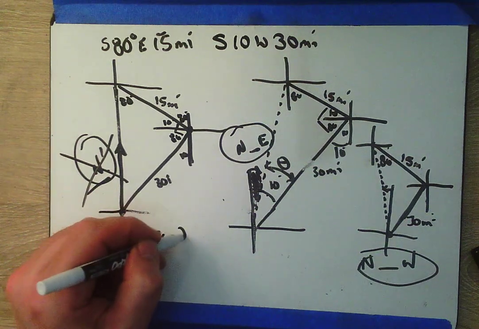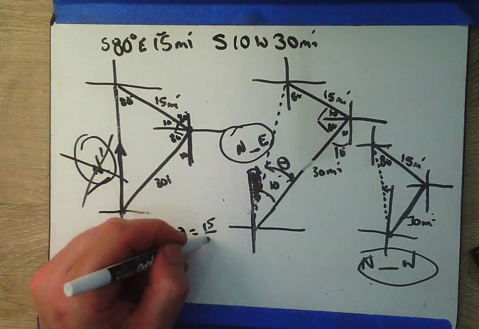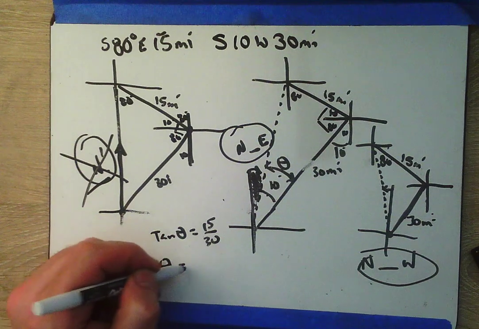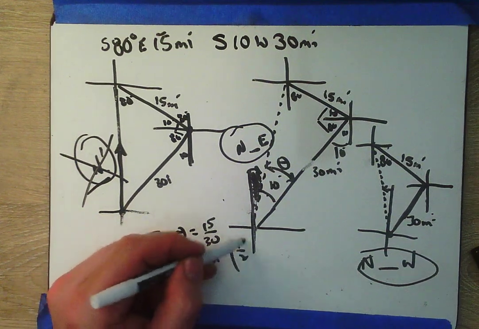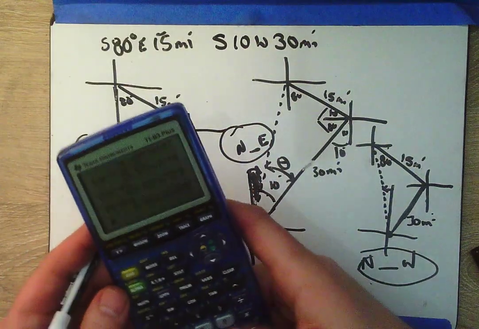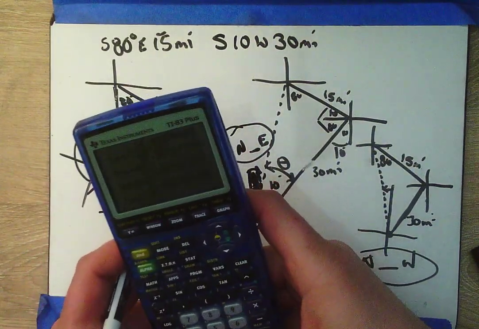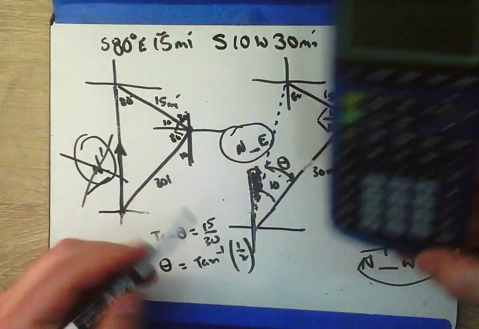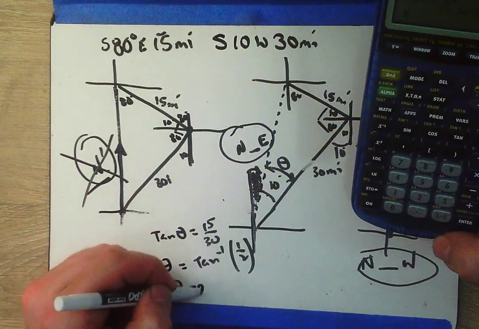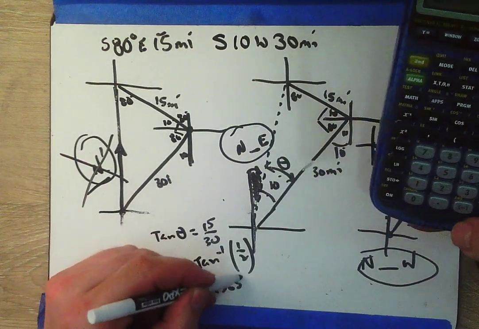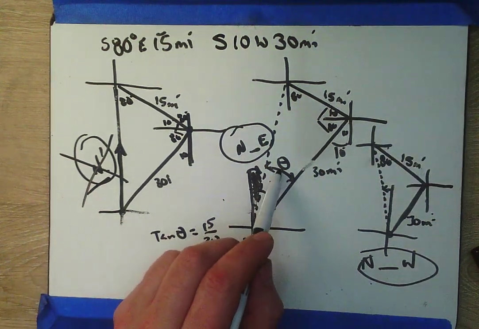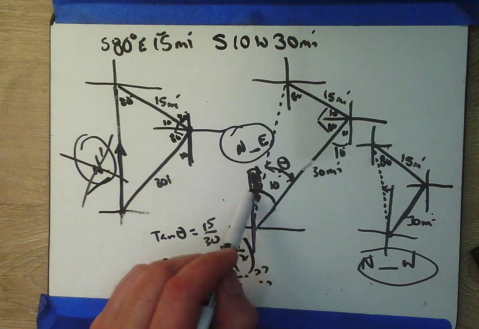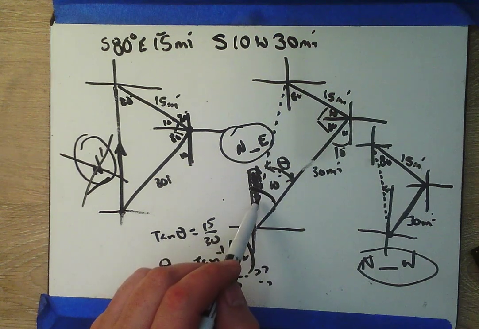So if I say tangent theta is 15 over 30, then theta equals inverse tangent of 1/2. When I do inverse tangent of 1/2, I get theta is 26.565 degrees.